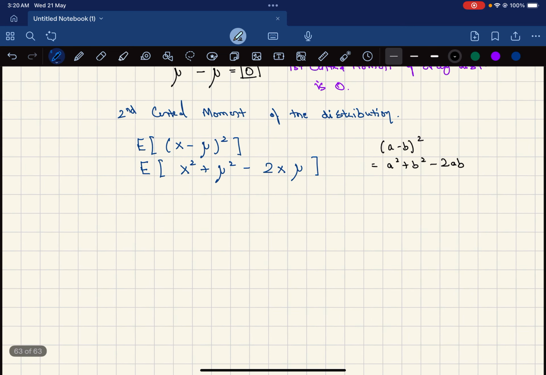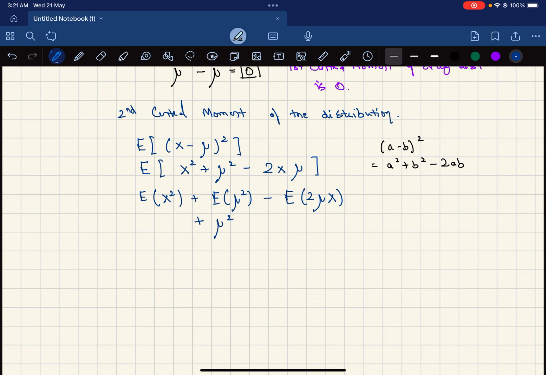Now once again, expectation being a linear combination of different operators, we can separate the expected values and we get expected value of X square plus expected value of mu square minus expected value of 2 mu X. Since mu square is a constant, we can write the expected value as it is.